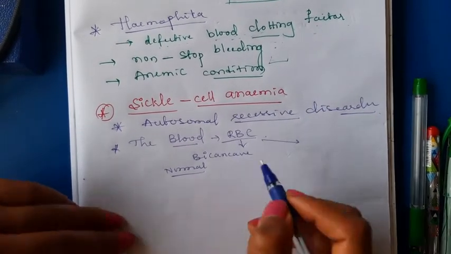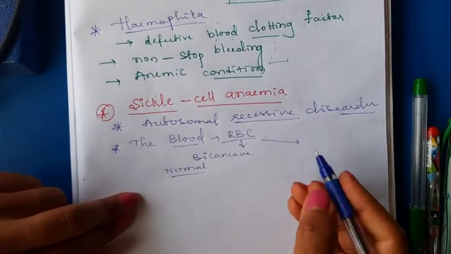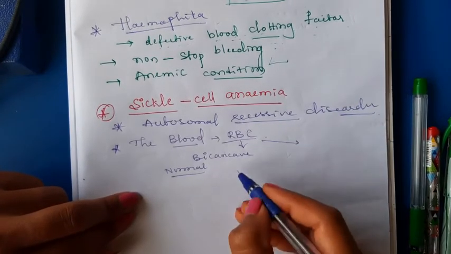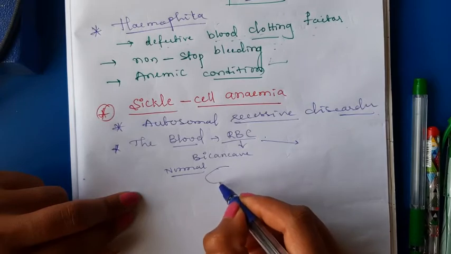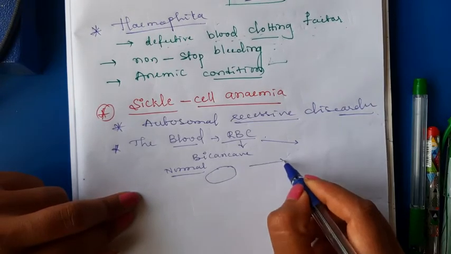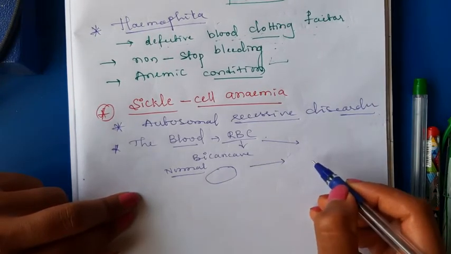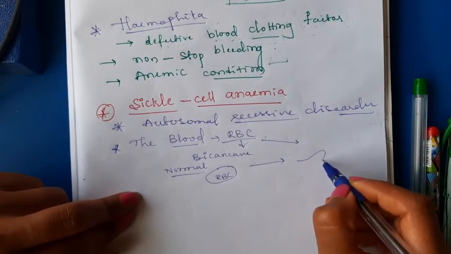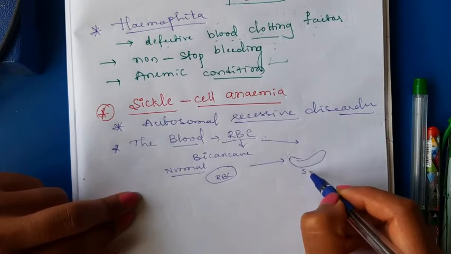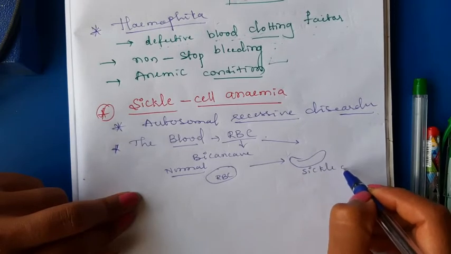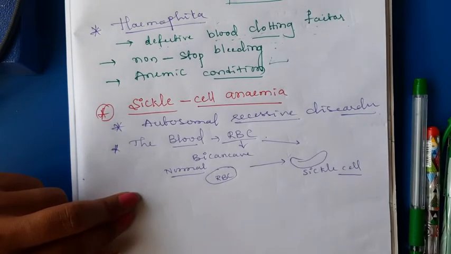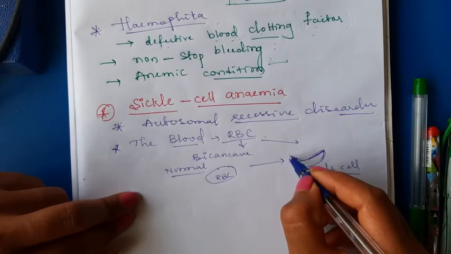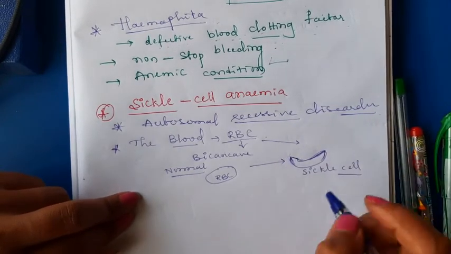But due to the sickle cell anemia condition, the normal biconcave shape RBC is going to be changed into sickle shape or half moon shape, with very pointed edges.